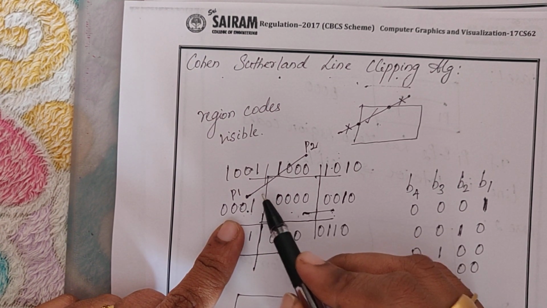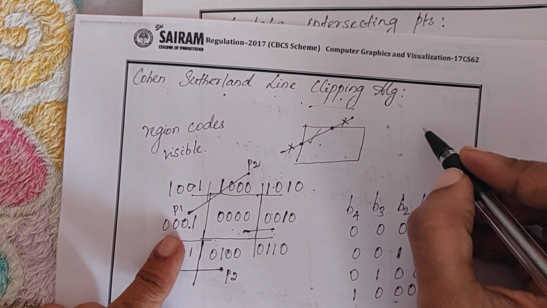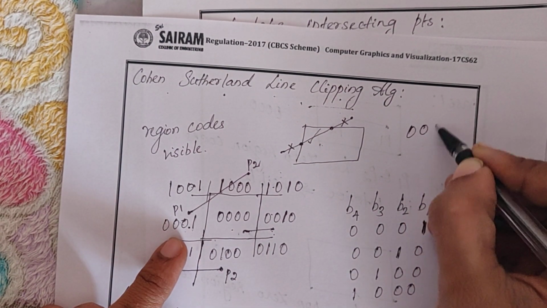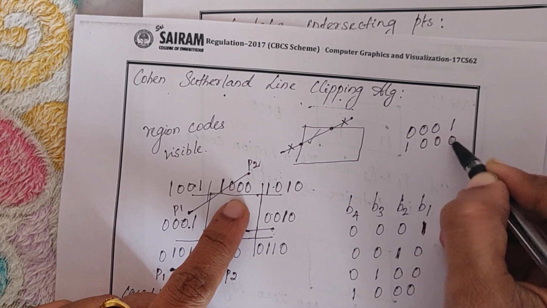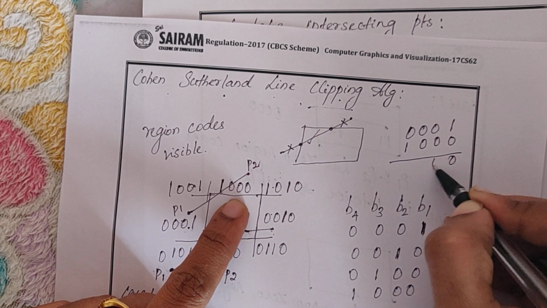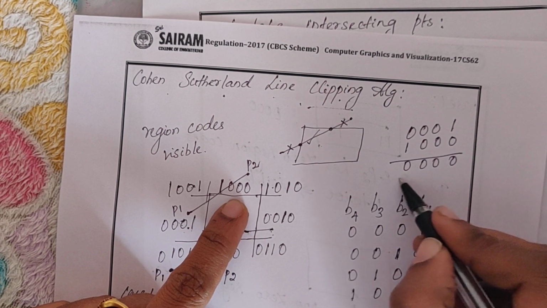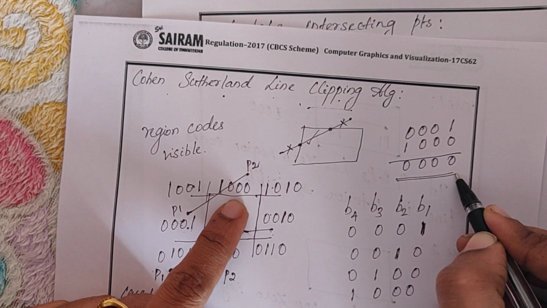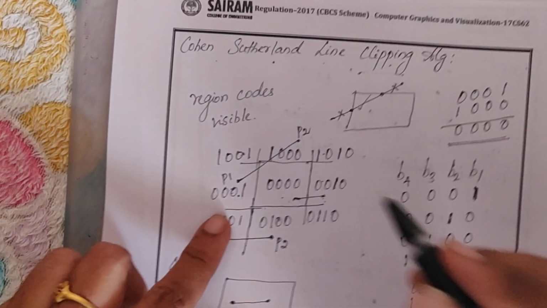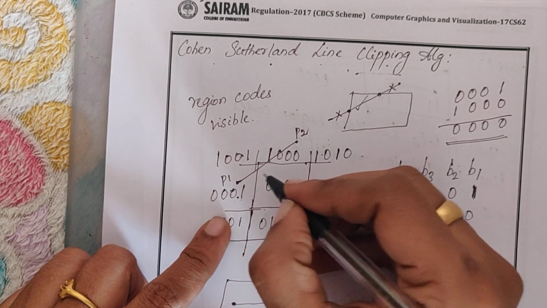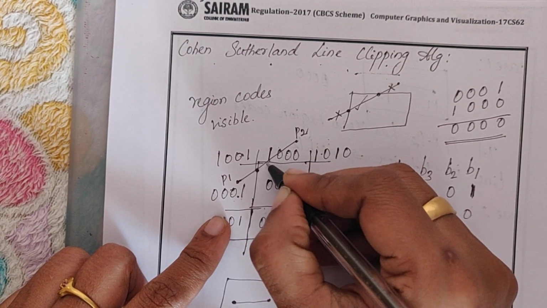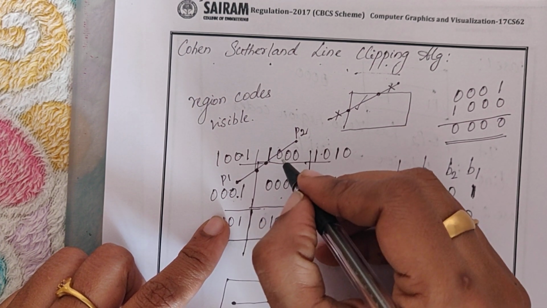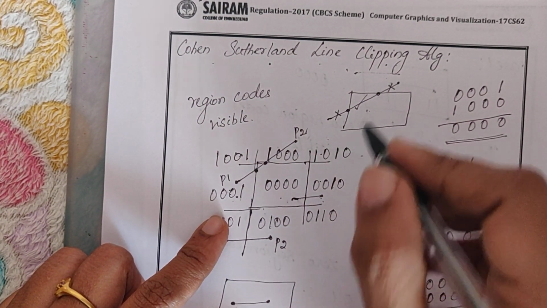I have to take the logical AND: 0 0 0 1 and 1 0 0 0. The result is 0. So in this case I have to calculate the intersecting points. How many intersecting points will I get? One intersecting point here and another one here.